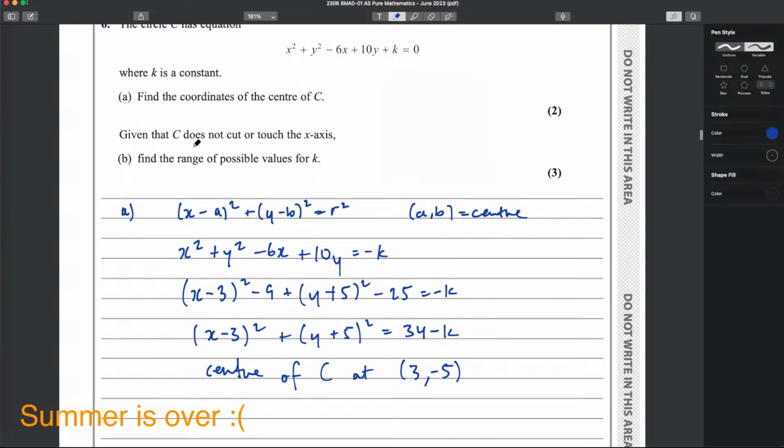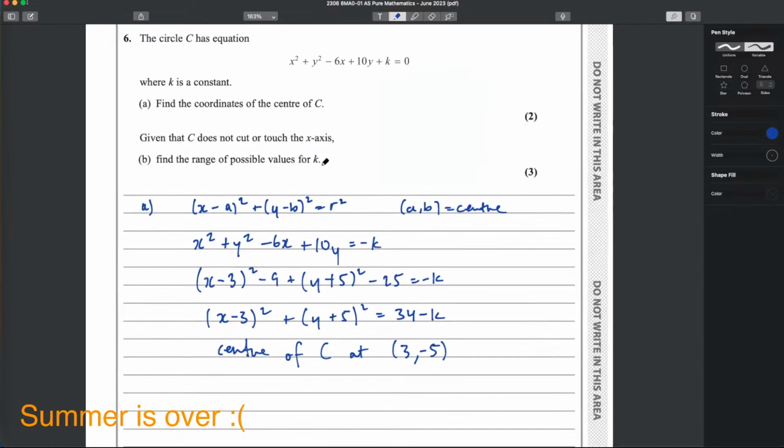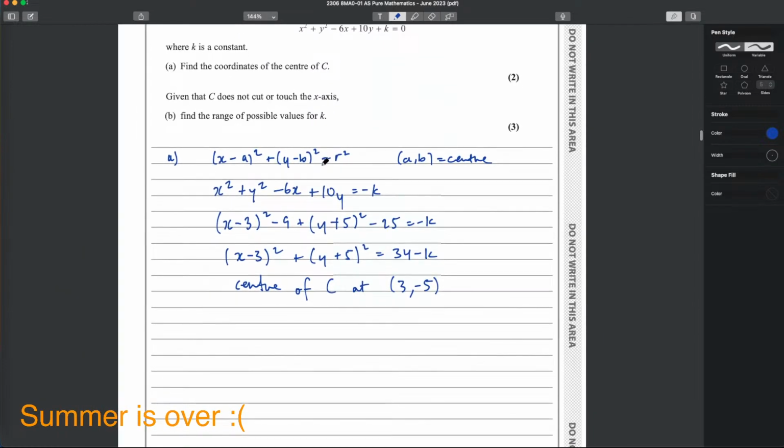Part B says, given that C does not cut or touch the x-axis, find the range of possible values for k. Does not cut or touch the x-axis. Okay, so I feel like I want to sketch this. So what would it look like?